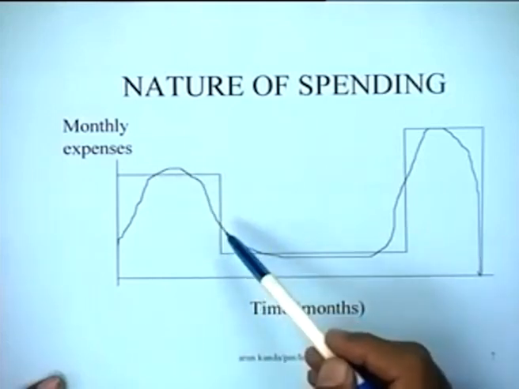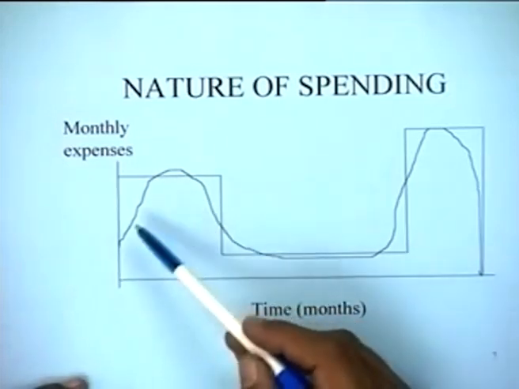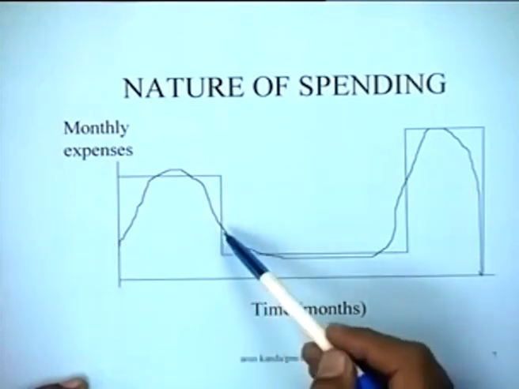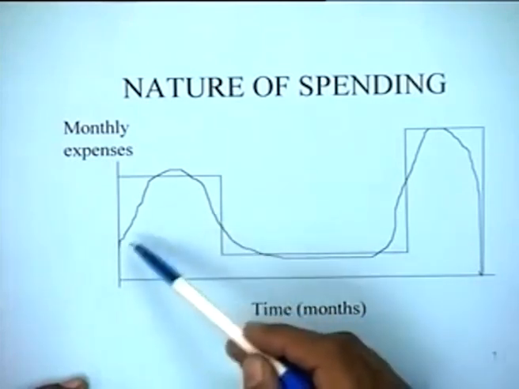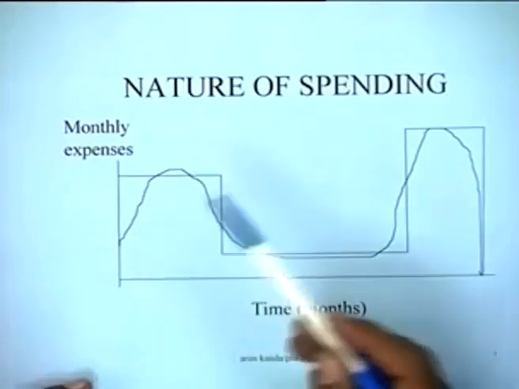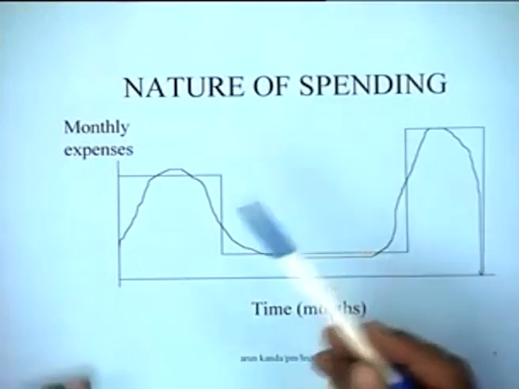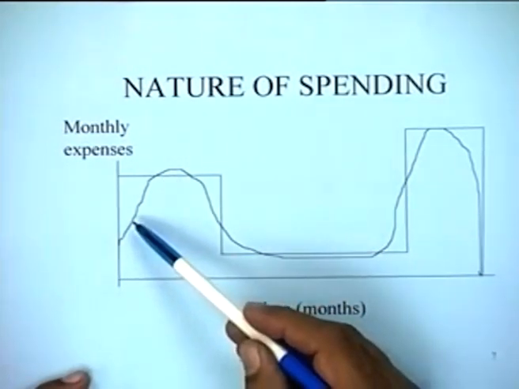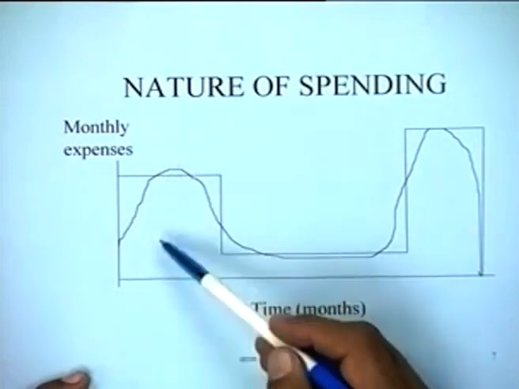normally in the initial period you have greater expenses, probably because you have to buy some materials. Suppose you want to do the painting of your house, right? For doing the painting of the house, initially the person who is going to do the painting, your contractor, will tell you to buy the paint, buy this, this.